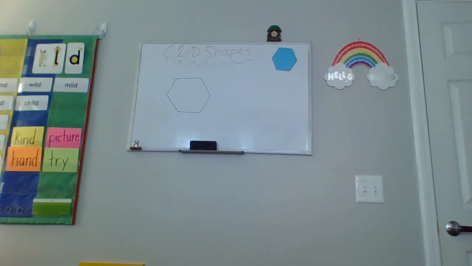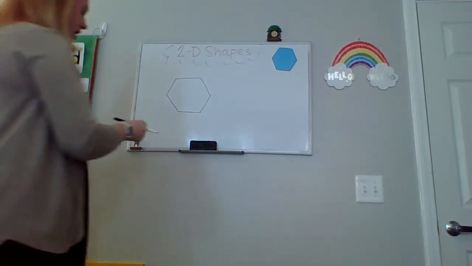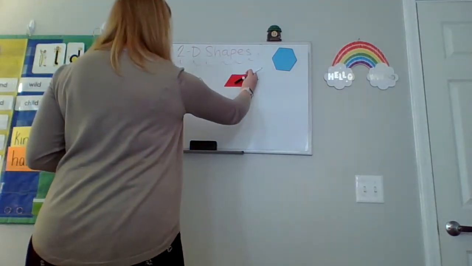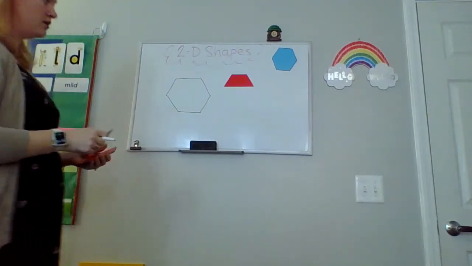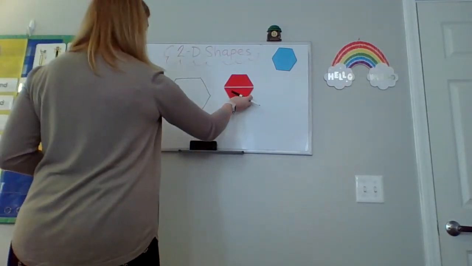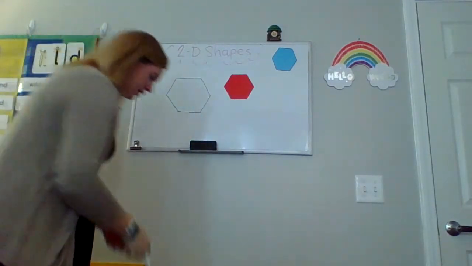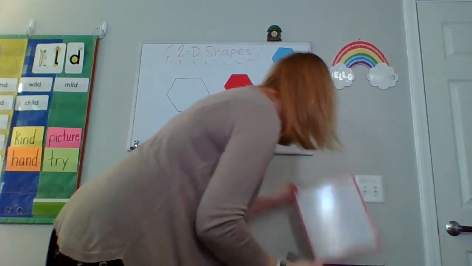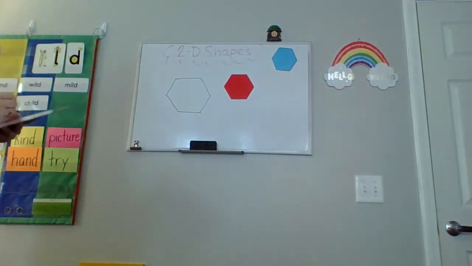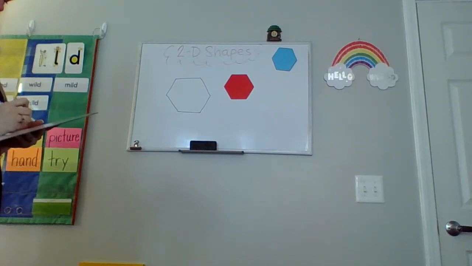Let me find my trapezoids. Here they are. So you could also draw a trapezoid and then flip your whole paper over. I'm trying to tell you what I'm trying to tell you and it's not working.